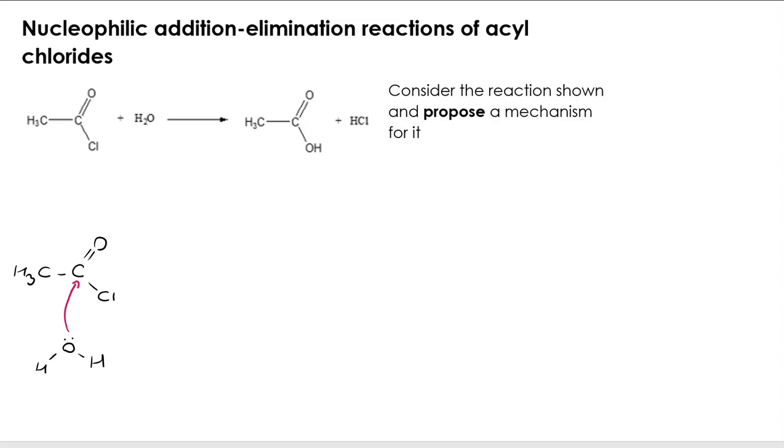Now, as a result of that, I've got 5 bonds around this carbon. That can't happen. So the double bond breaks. And when we do that, we end up with this intermediate. And you can see a number of things that are very important. We've got our CCl and our CCH3 bonds have not changed. But my O, because the electrons have moved towards it, I now have a lone pair up there and it's negatively charged.